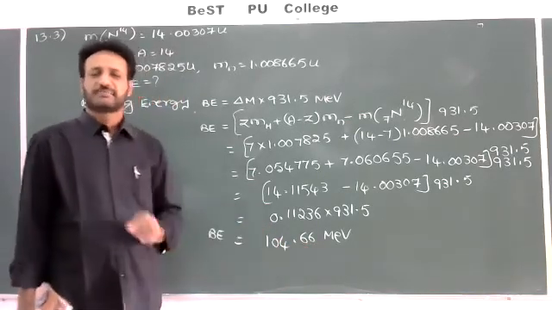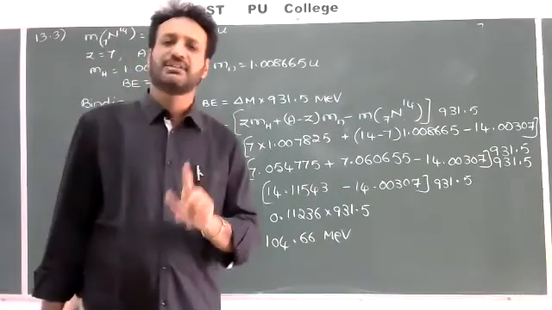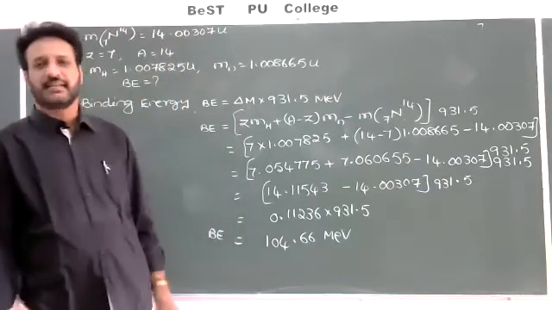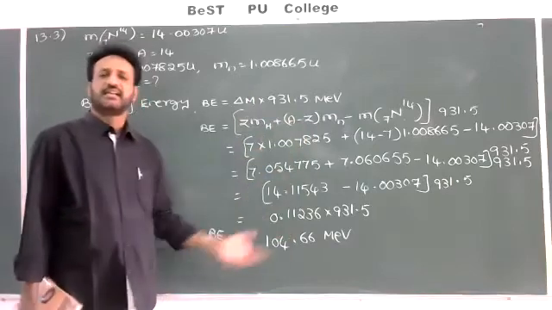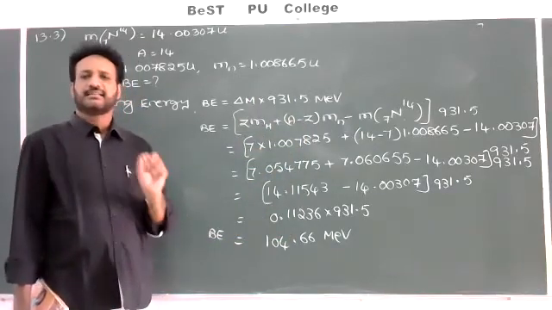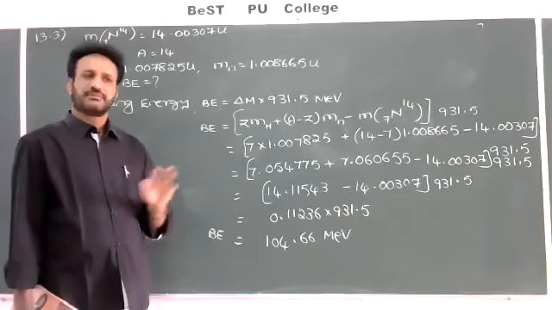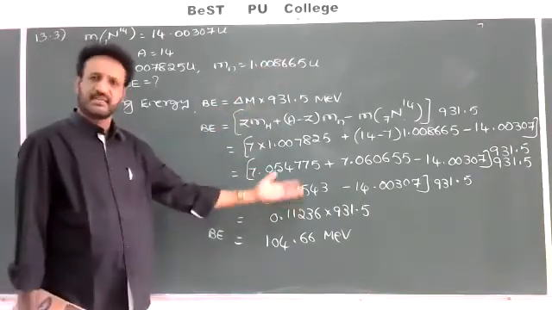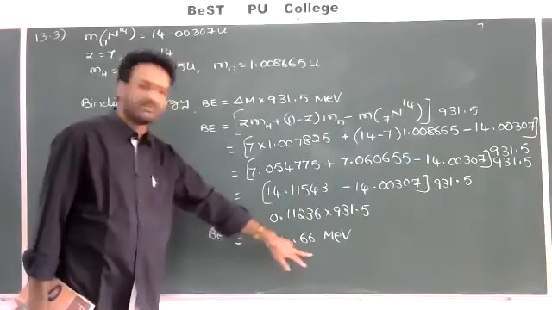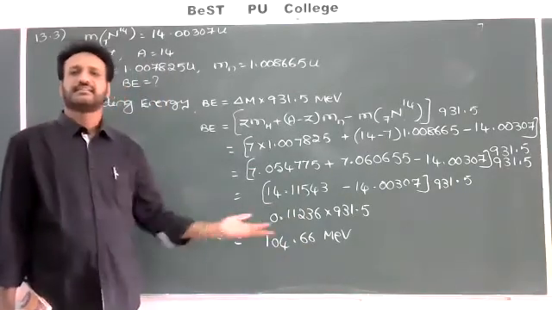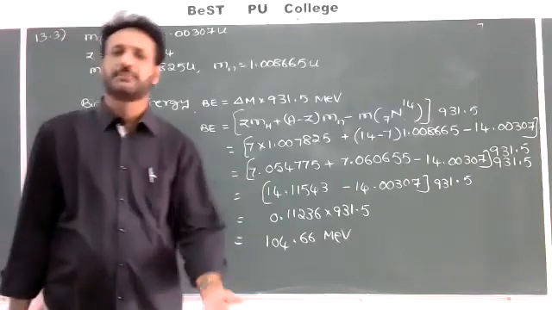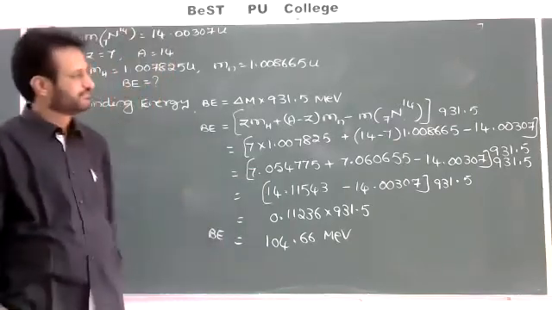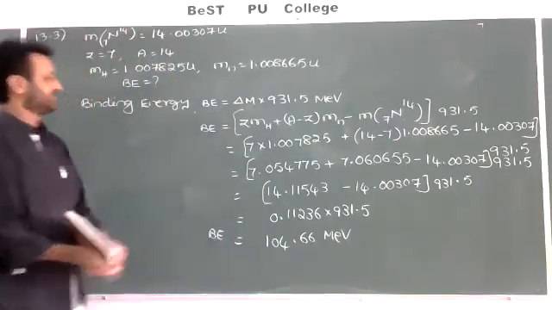That is called specific binding energy or average binding energy. Sometimes in a final exam, the same question may ask to obtain the binding energy per nucleon or find the average binding energy of the nitrogen nucleus. Same data, same process; last, just divide the value by 14. We'll get the answer around 7 point something.